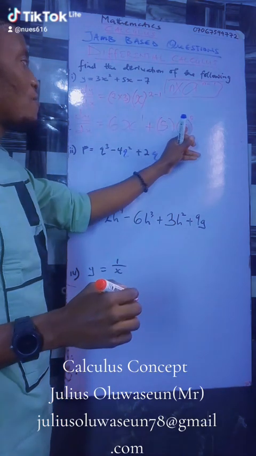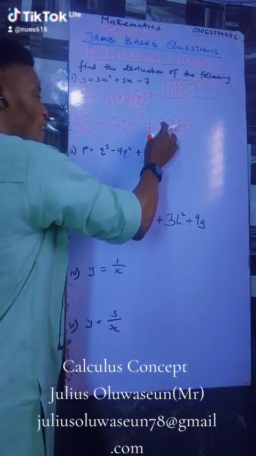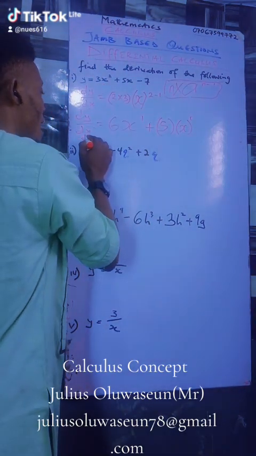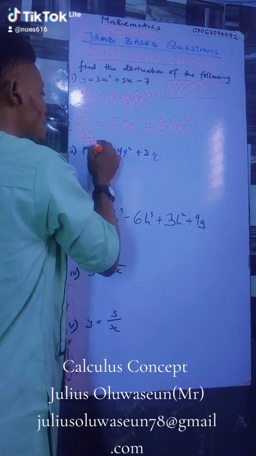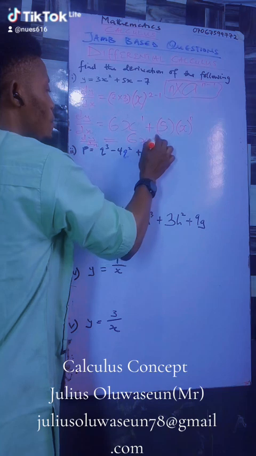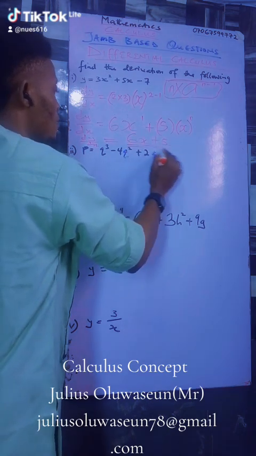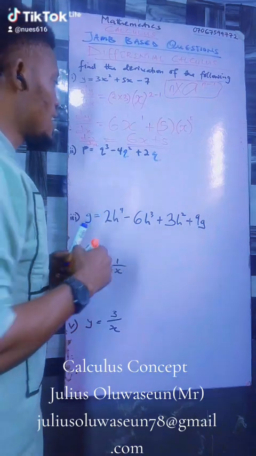You know that anything that is raised to power 0 is 1. So 1 times this 5 will give you 5. So our actual answer here is dy dx for Roman figure 1 is going to be 6x plus 5. This is the actual answer. Do you understand it? So that is how it goes.